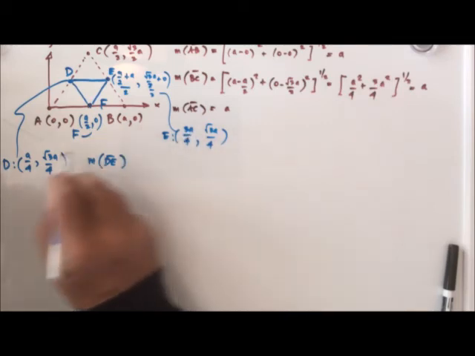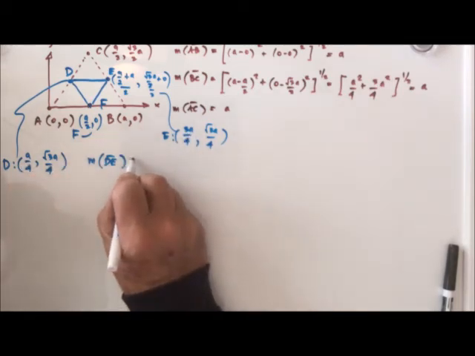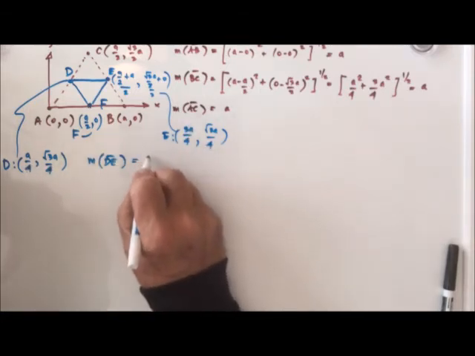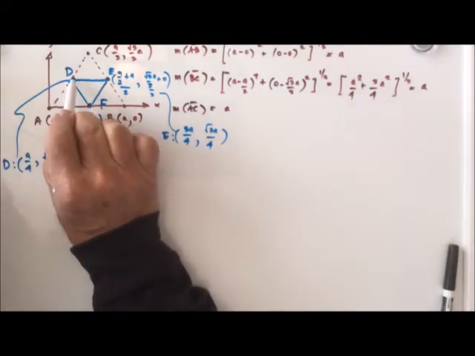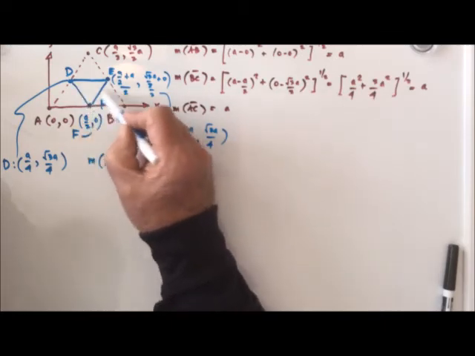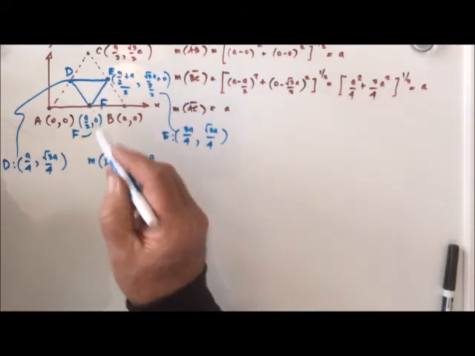One is 3a/4, the other is a/4. That leaves 3a/4 minus a/4, which is 2a/4, or a/2. So this length is a/2. What's left to us is to show that these 2 lengths are also a/2.